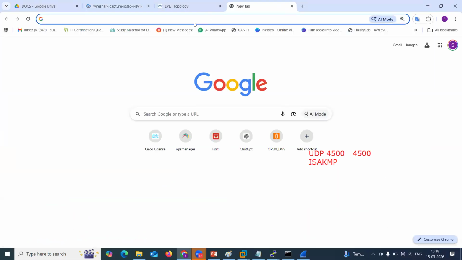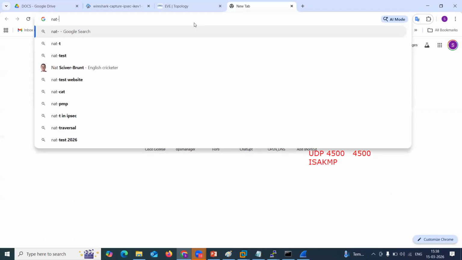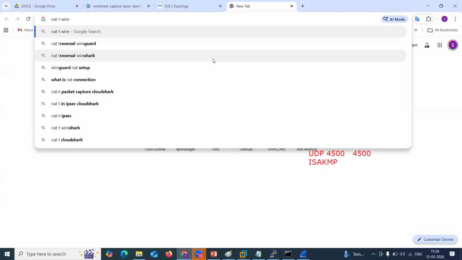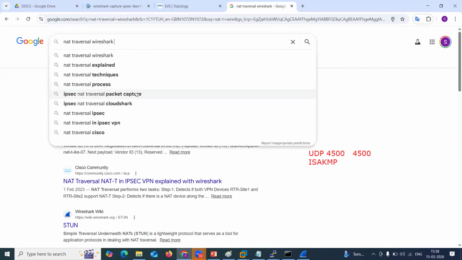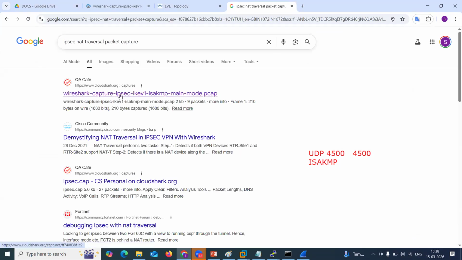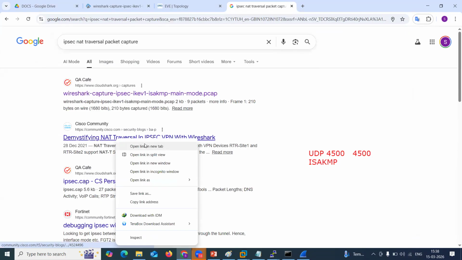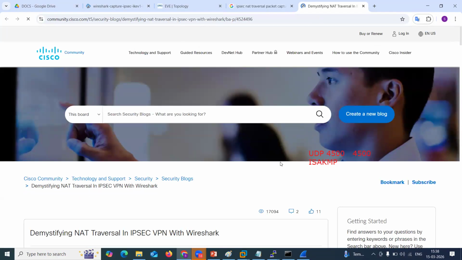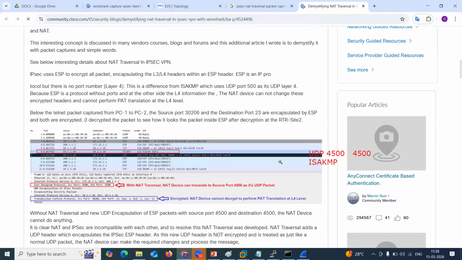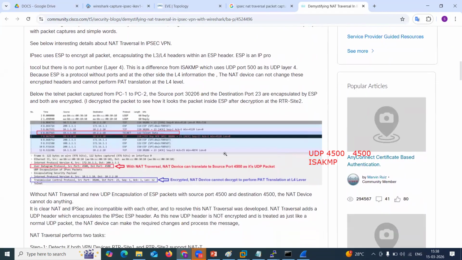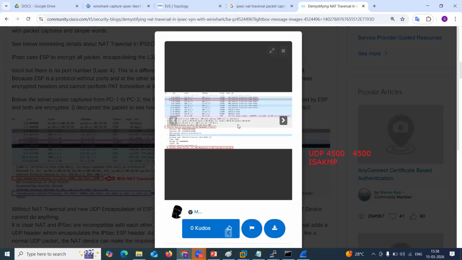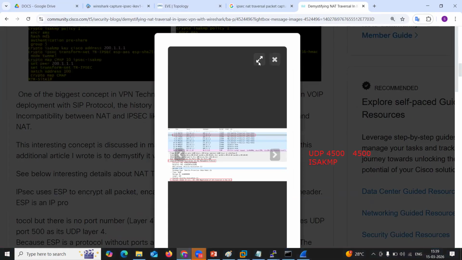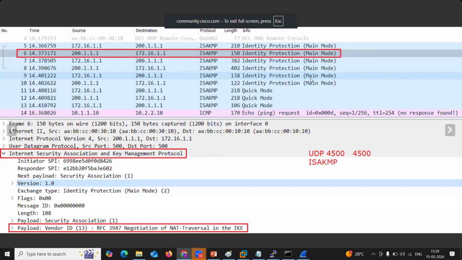Let's see the Wireshark capture. NAT-T, if we have anyone in the community, let's see. NAT-T. Okay. Can you see here, guys?